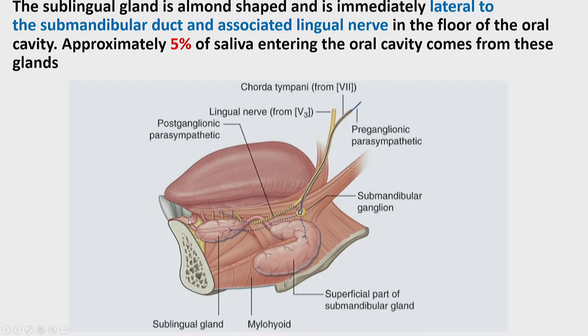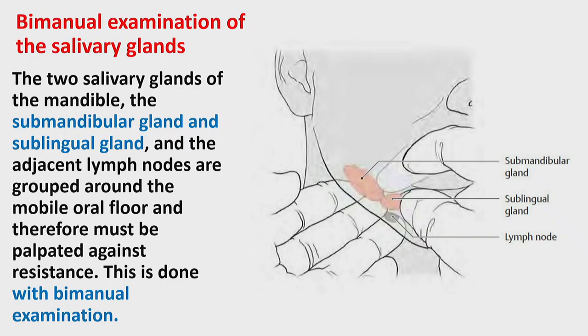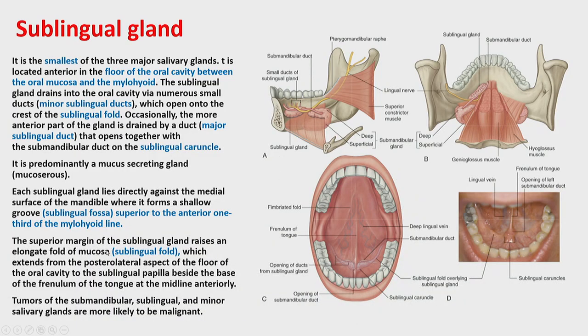So two kinds of duct you have. The minor sublingual ducts, which open to the sublingual fold, and the major one, which is divided, which opens to the sublingual papilla or caruncle, beside the base of the frenulum of the tongue in the midline.